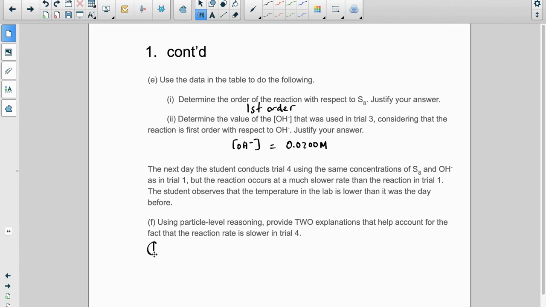And then using particle level reasoning, you could give 2 explanations. The 2 explanations are fewer collisions due to lower velocity of molecules.